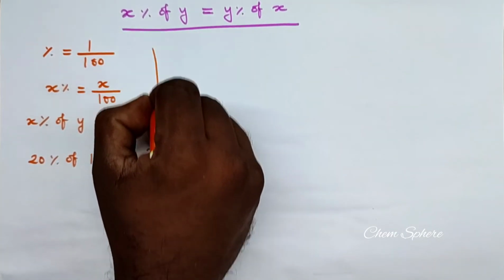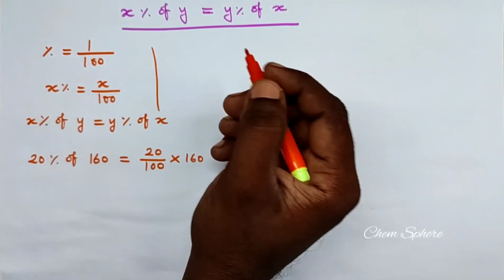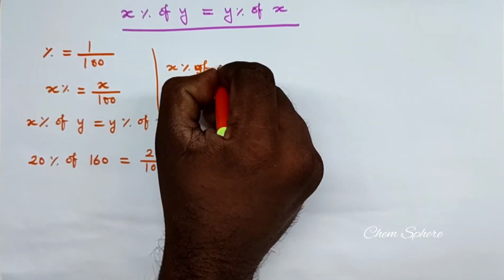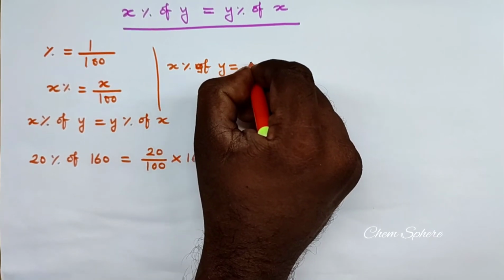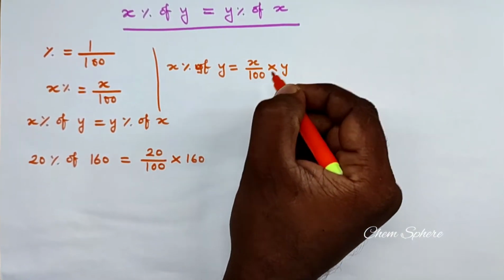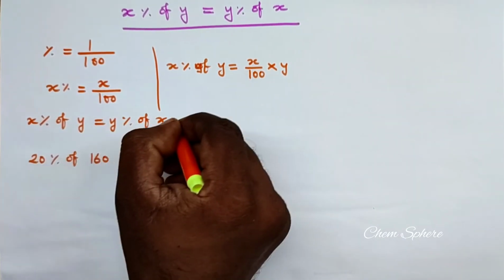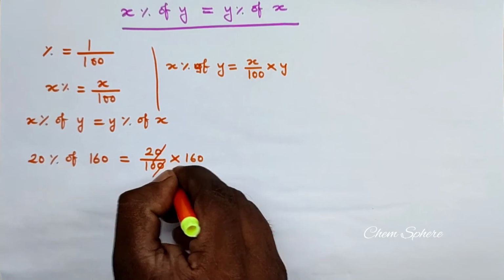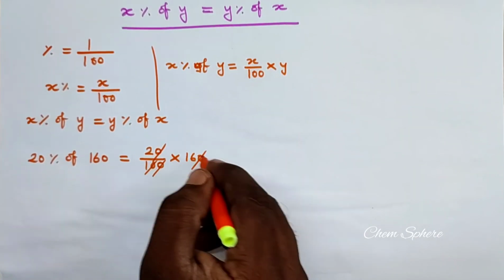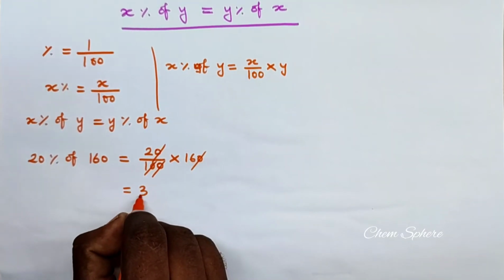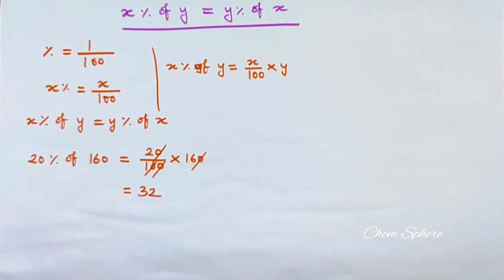Here we can write another way, that is x percentage of y equals x over 100 multiplied by y. Since it is "of", now we get 0 0 cancel, 0 0 cancel, now 2 times 16 is 32. This is the answer.